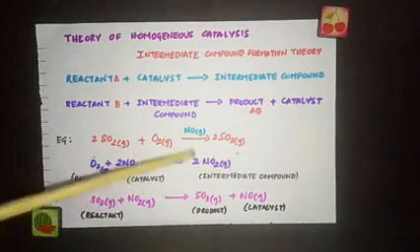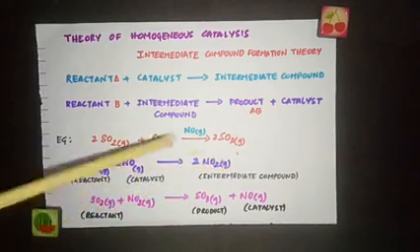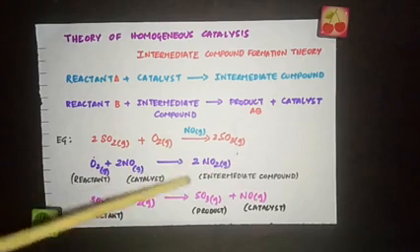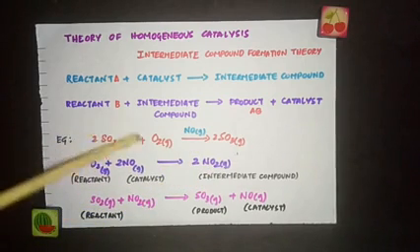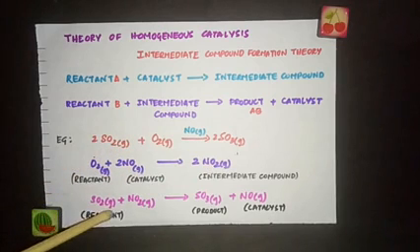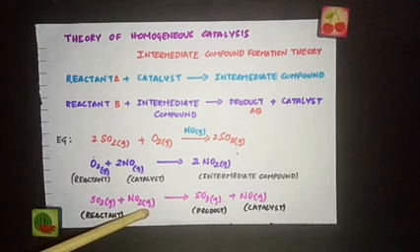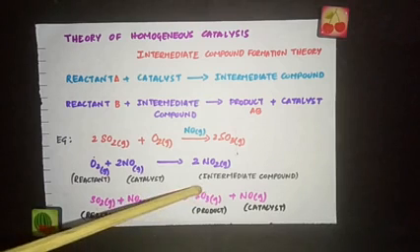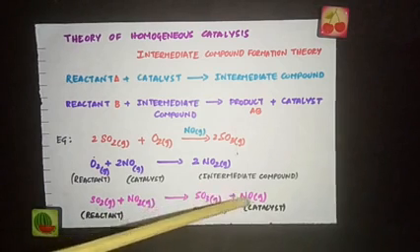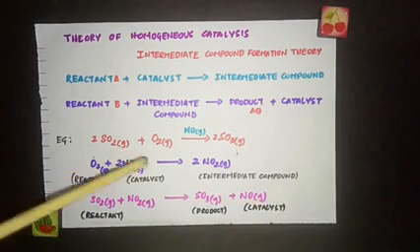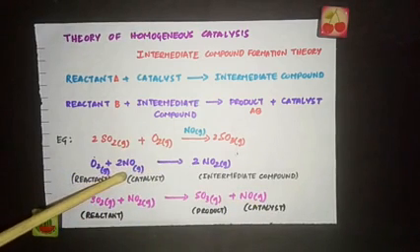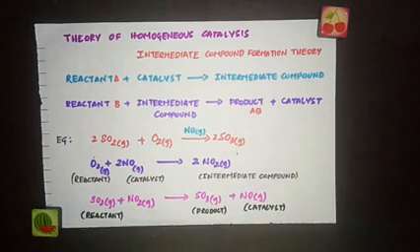This is the intermediate compound. In the next step, this intermediate compound reacts with the other reactant, which is sulfur dioxide. So SO2 gas, which is the other reactant, reacts with NO2 gas, which is the intermediate compound, to give you the product, which is SO3 gas plus NO, which is the catalyst. So the catalyst which was added here comes out in the final step.